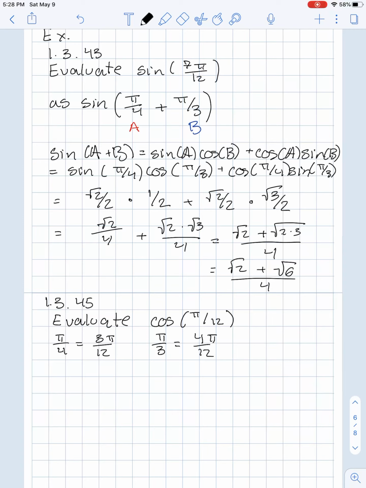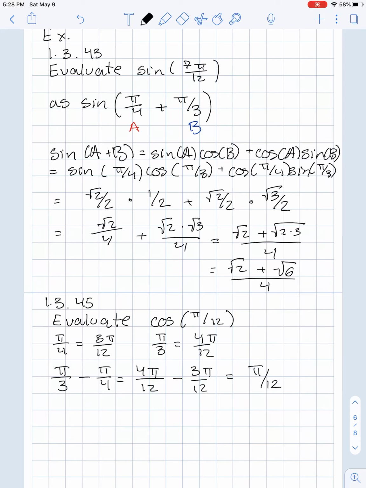Well, what if I subtracted them? I would get 4 pi minus 3 pi. That would give me 1 pi. So if I write pi divided by 3 minus pi divided by 4, I get 4 pi divided by 12 minus 3 pi divided by 12, which gives me a lone pi over 12.